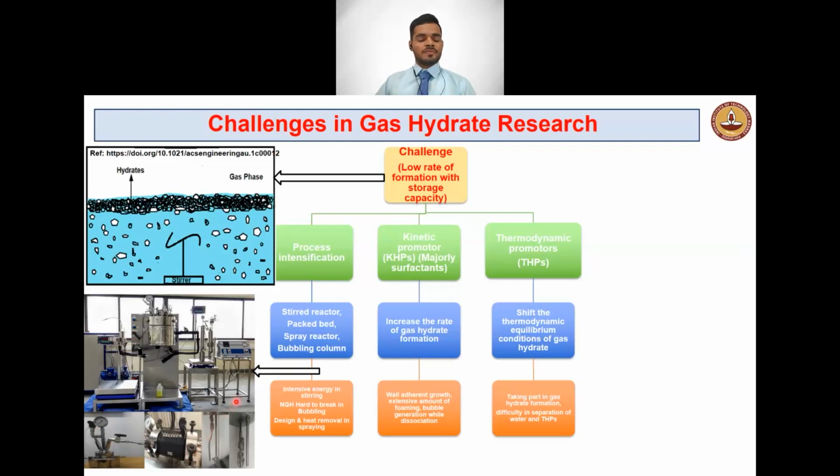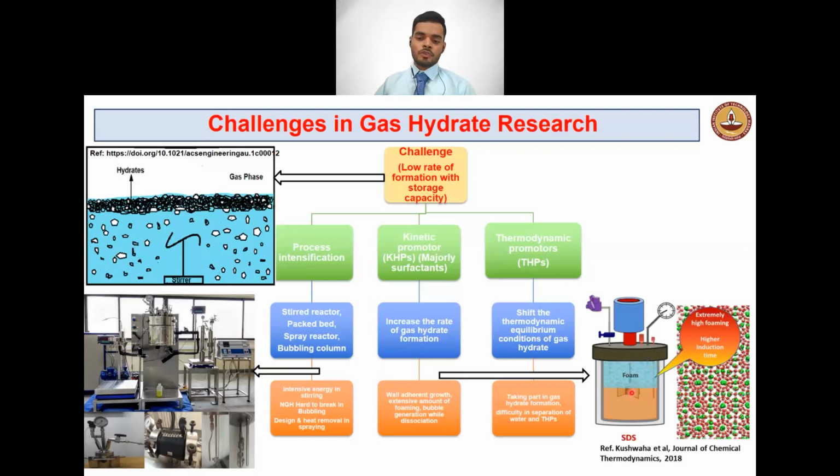But in this, there are some challenges: heat removal challenges in the spraying, and designing of a bubbling tank is difficult, etc. The other way is a kinetic promoter. Kinetic promoters increase the rate of gas hydrate formation, but they also have one disadvantage of forming a foam.